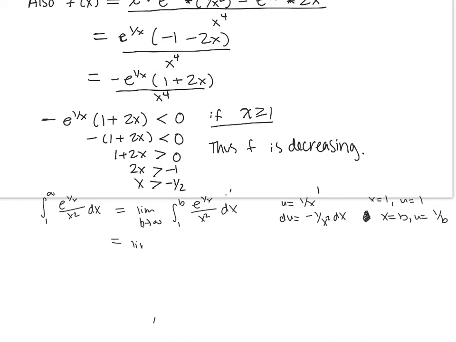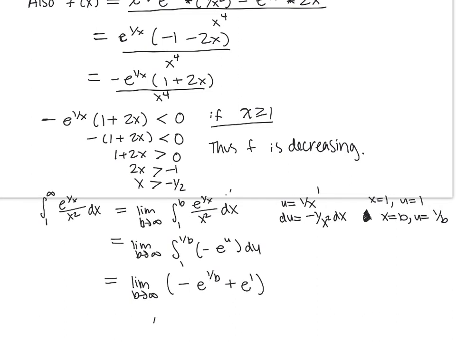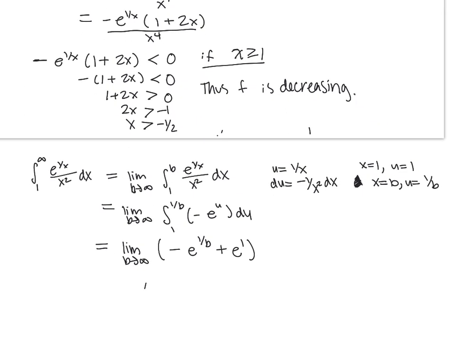So this becomes the limit as b goes to infinity, the integral from 1 to 1 over b, negative e to the u du. So that's negative e to the 1 over b plus e to the 1. And as b goes to infinity, that 1 over b is going to go to 0. So we have negative e to the 0 power plus e to the first, which is e minus 1.